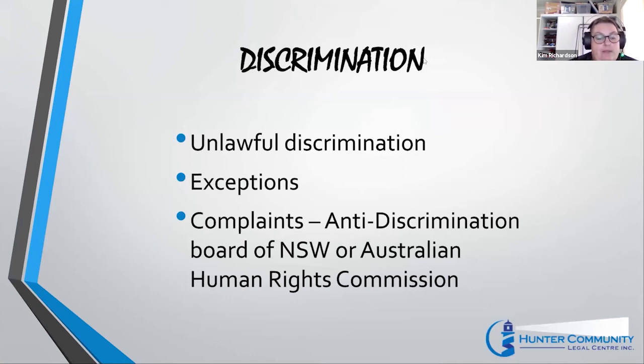Now, sexual harassment is where a person makes unwelcome sexual advances or requests to another or unwelcome conduct of a sexual nature in a situation where such behavior is likely to intimidate, humiliate, or offend. It is against the law to discriminate against people for any of the above reasons.